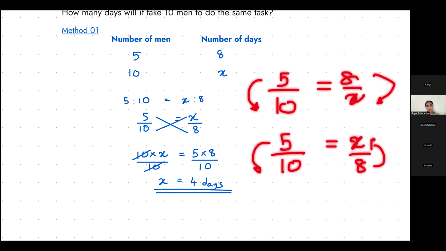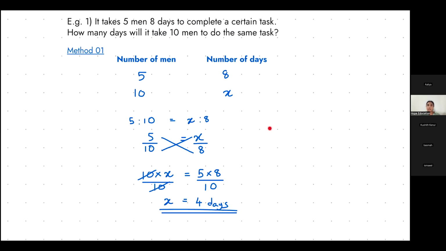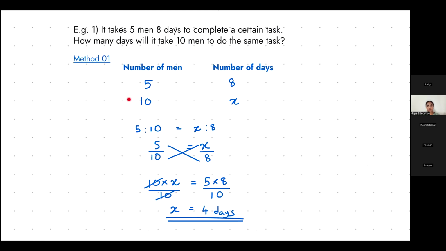Okay, Ismail? Is this clear, others? This is method 1.